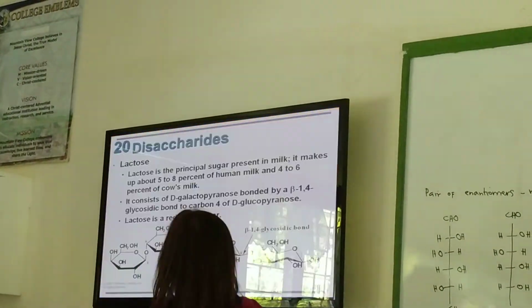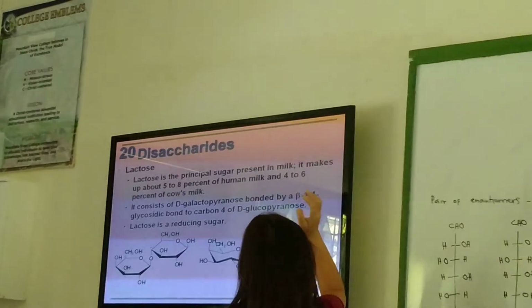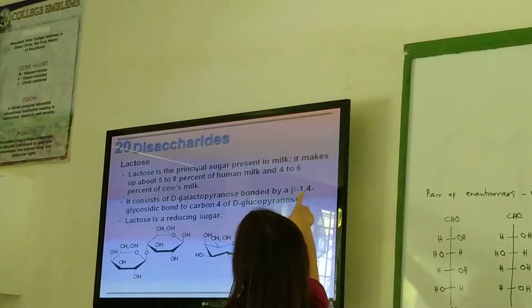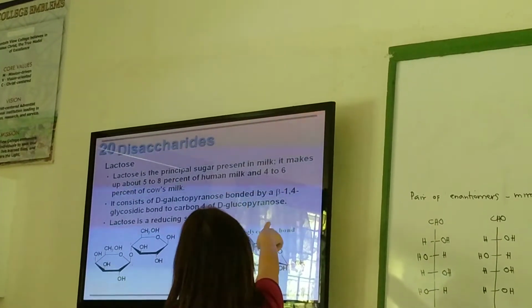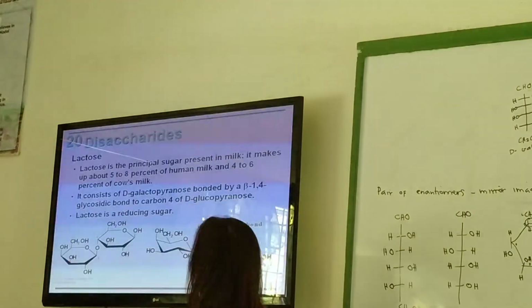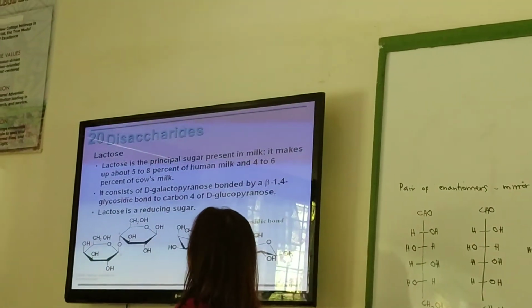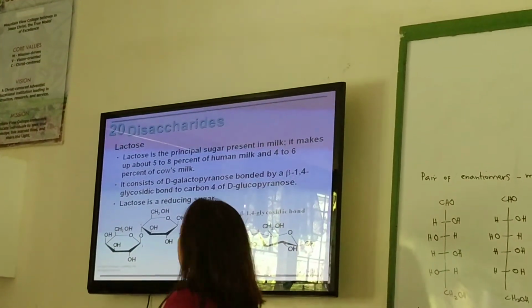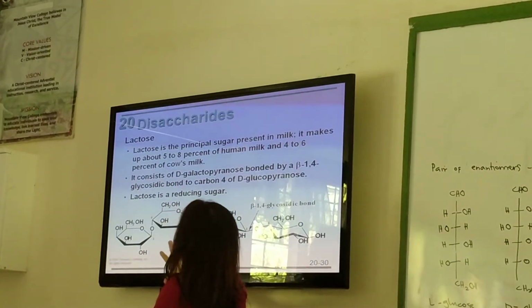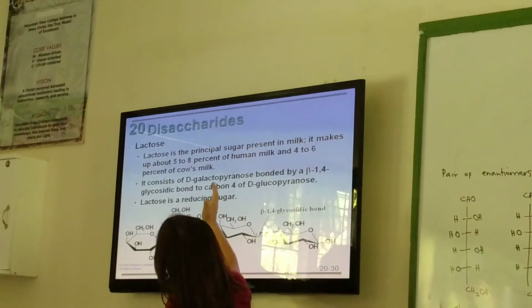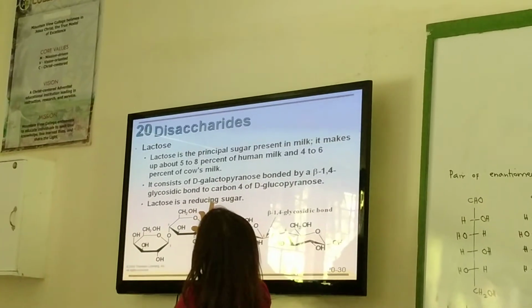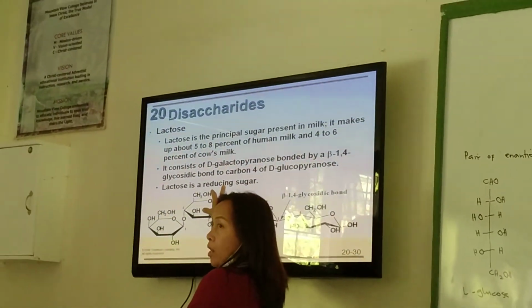Now, milk sugar, lactose. That's the principal sugar in milk. It consists of glucose and galactose. Where is now the hemiacetal? Why is lactose considered a reducing sugar?